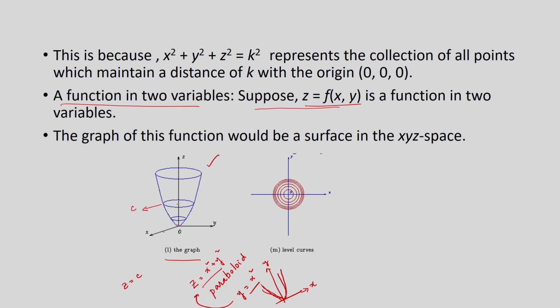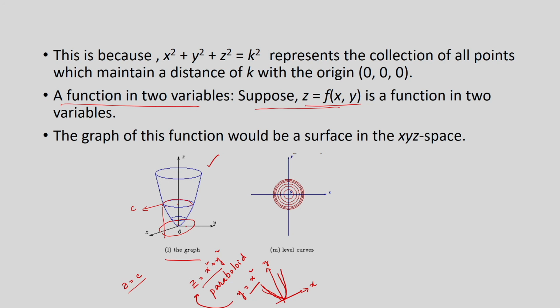So, this z is equal to c is actually a plane, as we have seen, a plane parallel to the x y plane. So, this z is equal to c plane will intersect this paraboloid, and from this intersection, which in this case looks like a circle, we basically project this on the x y plane. So, this is how the projection is being done.